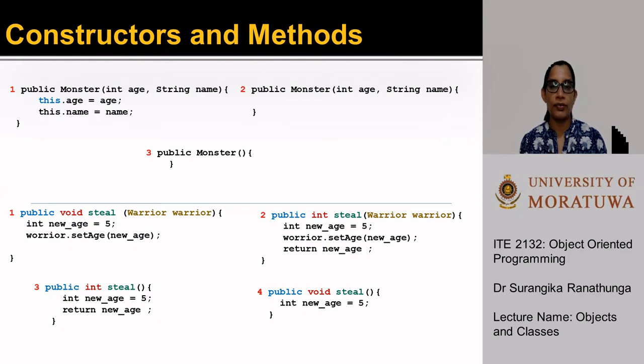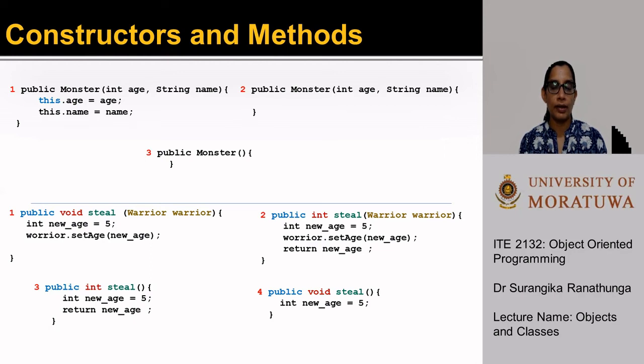In Java, if you don't specify a constructor, you can still create an object using that class, because Java automatically inserts this default constructor. Although you can't see it in your code, the default constructor is added to the class when no constructor is defined.